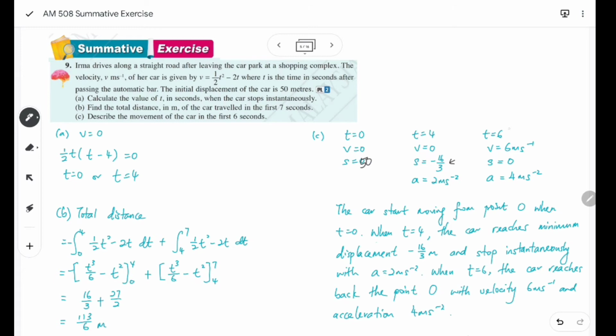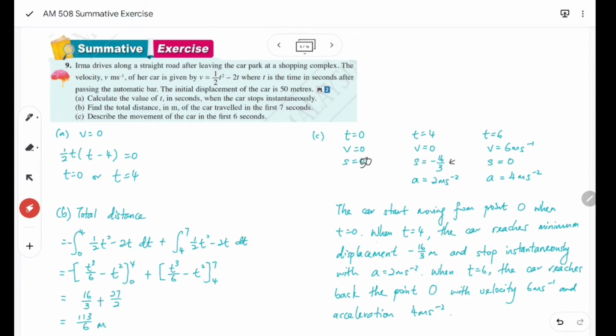And when t equals 6, sub in the t into the velocity function, I will get v equals 6 meters per second, s will be 0, and for a, we need to differentiate it and sub in the 6, we get a equals 4 meters per second squared.